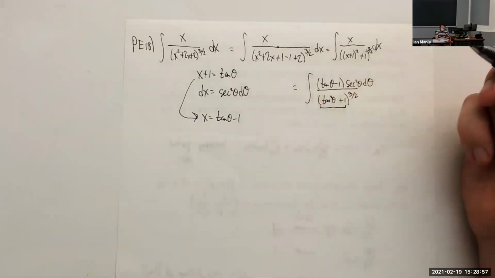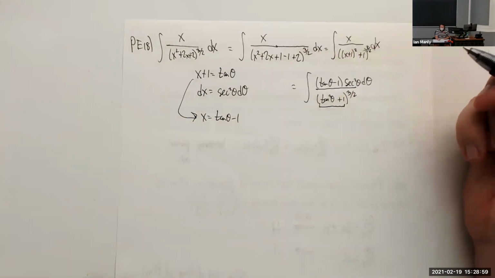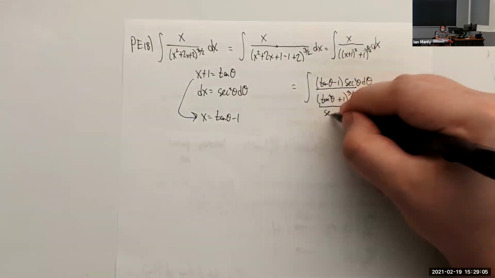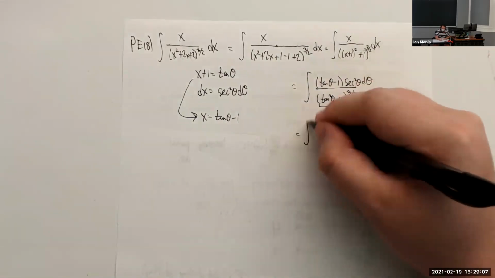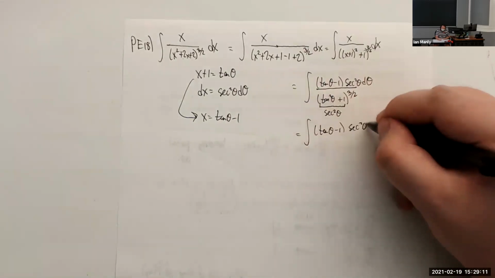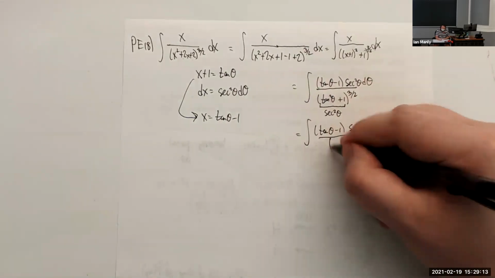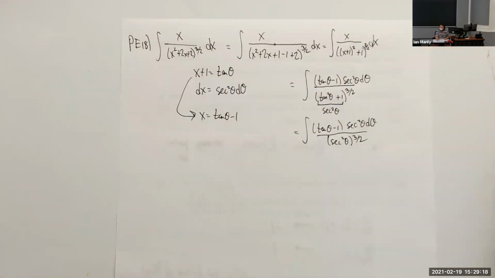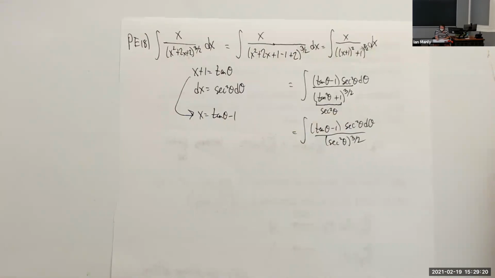What does the stuff inside the 3/2 power turn into? It's going to turn into secant squared, right? So we have the integral of tangent of theta minus 1, secant squared of theta d theta, divided by secant squared to the 3/2.